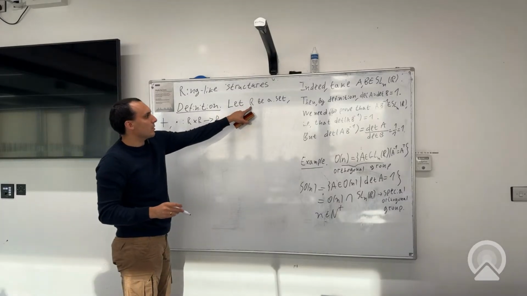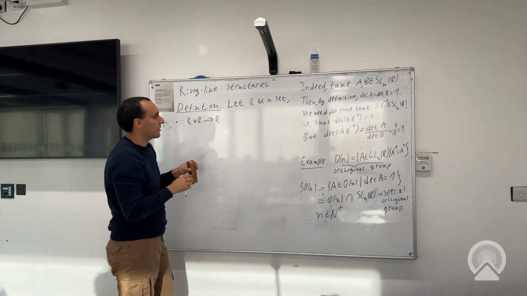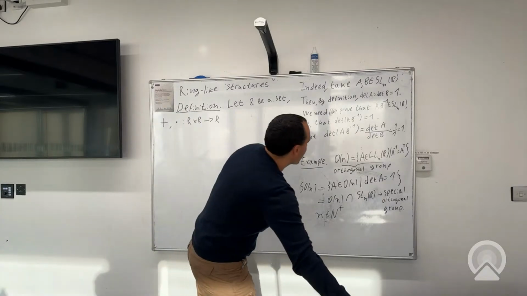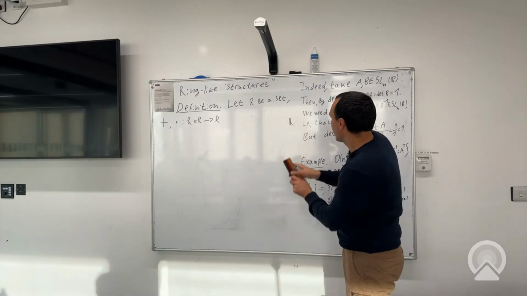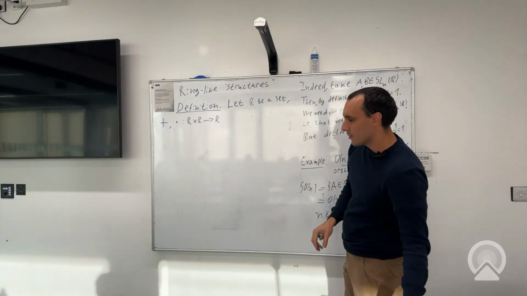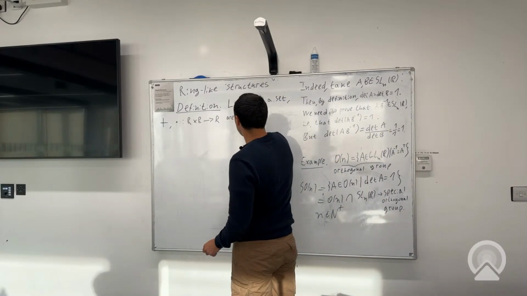R is not the real numbers; the real numbers are written with a double line. These are binary operations.